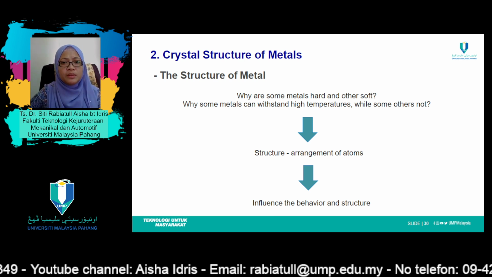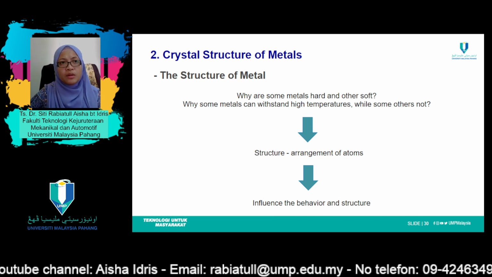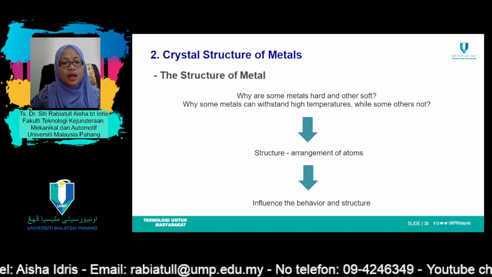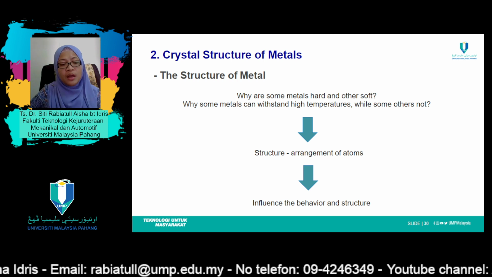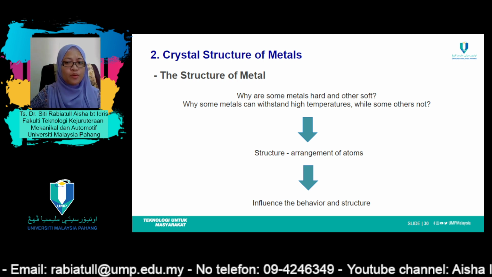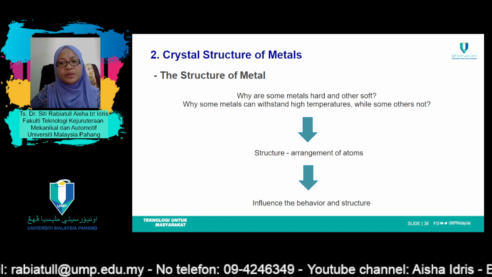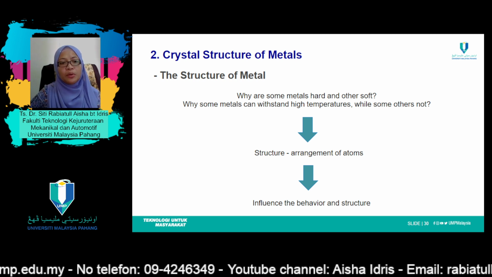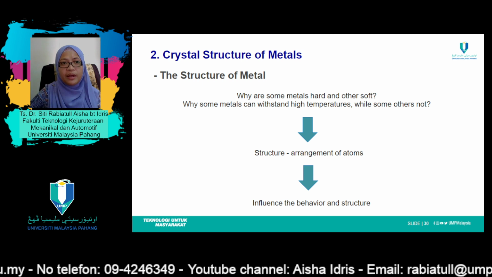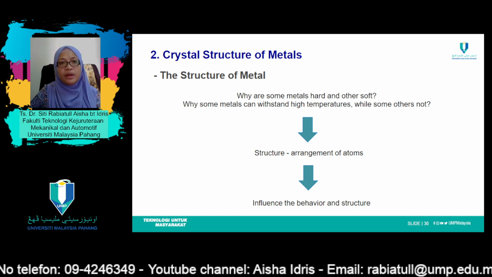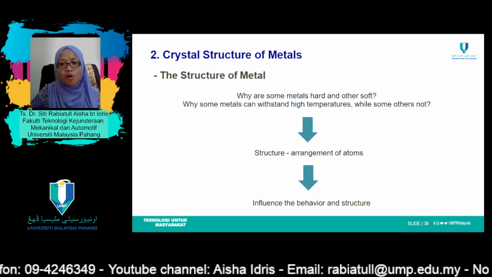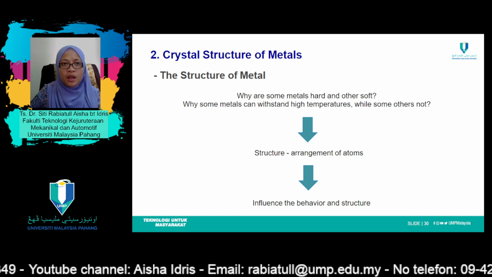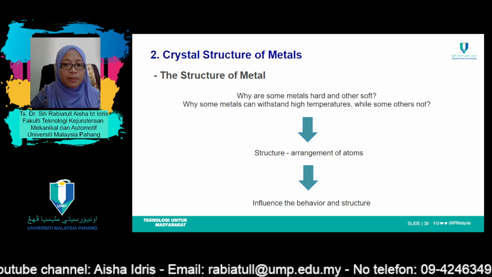Okay, some people do question, why do different types of metal have different properties? Yes, obviously it depends on the structure, which means the arrangement of the atoms. For example, if the atoms are very packed and dense, obviously it will become much stronger and harder as compared to those with fewer atoms and loose atomic bonding.